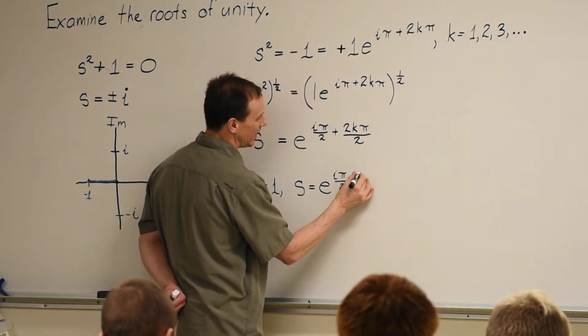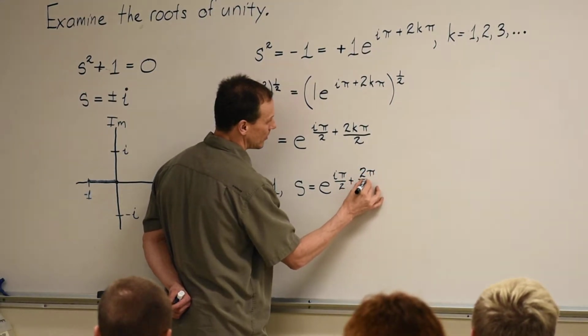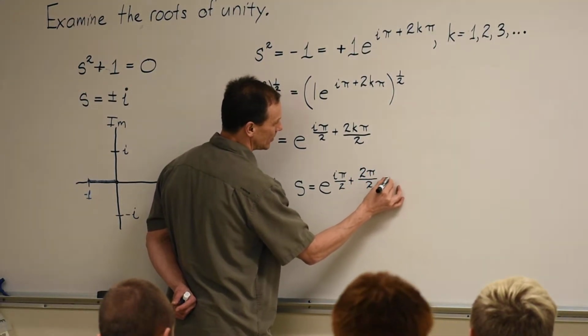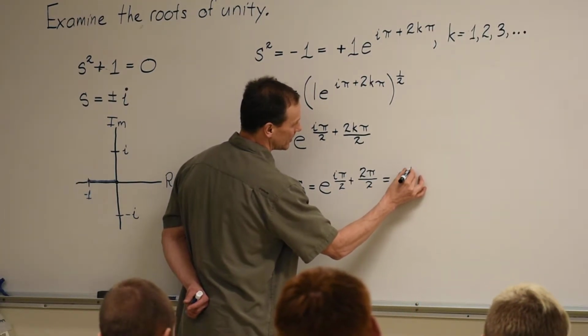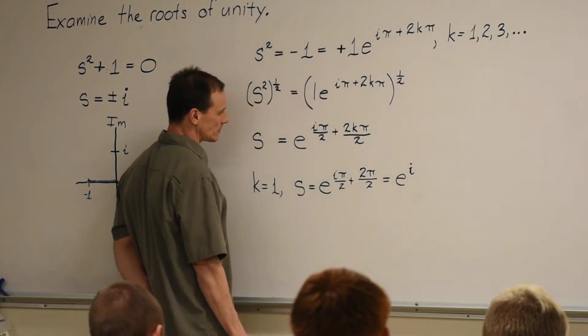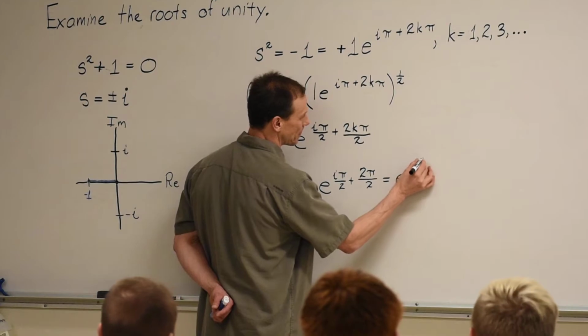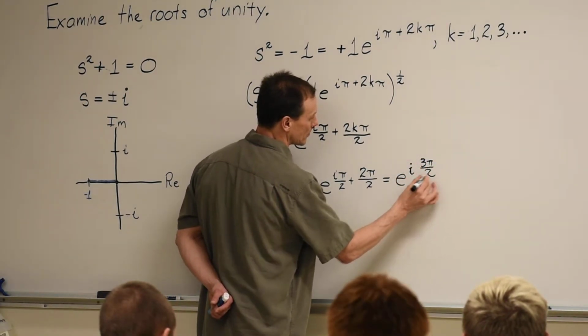So plus π. Oh, wait, I'm going to leave this as 2π over 2. So that's e^(i(π/2 + 2π/2)), which is 3π over 2.